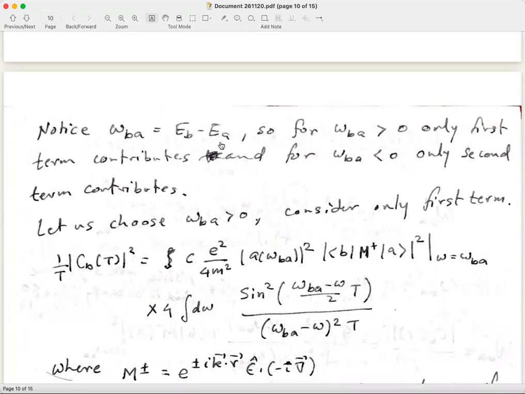So let's choose one of the two. What we are looking at is the transition from the lower energy state to the higher energy state.